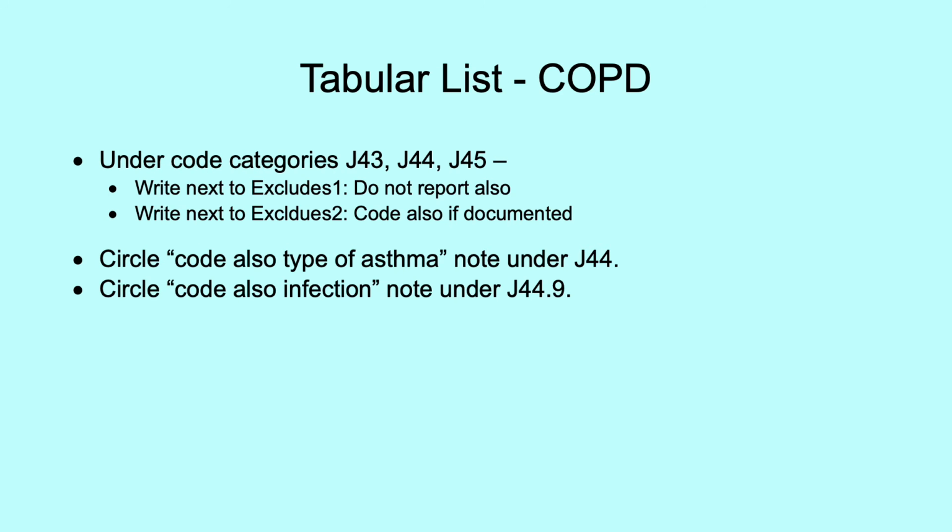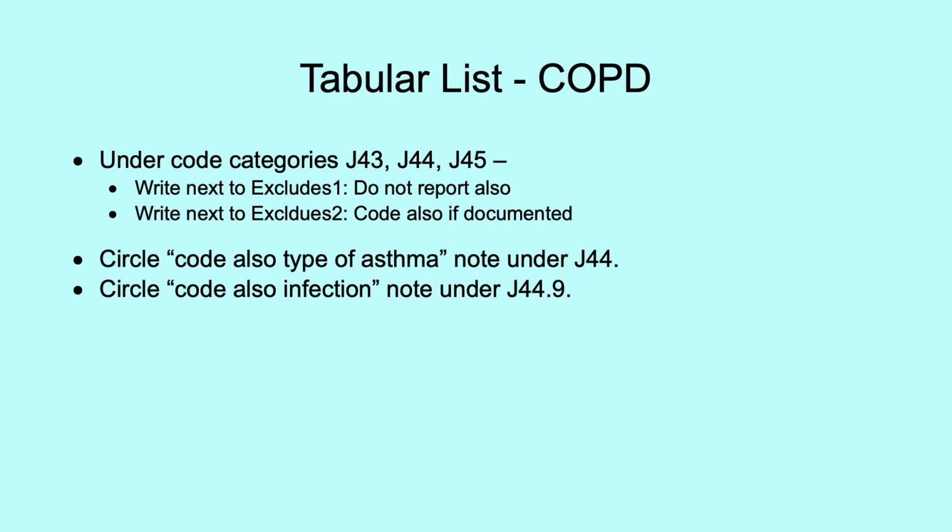And again, we go back to COPD. So under the code categories for J43, J44, J45, write in next to the excludes one note, do not report also. Write in next to excludes two note, code also if documented. Now you know what excludes one and excludes two mean, but this reinforces that do not report, report also.